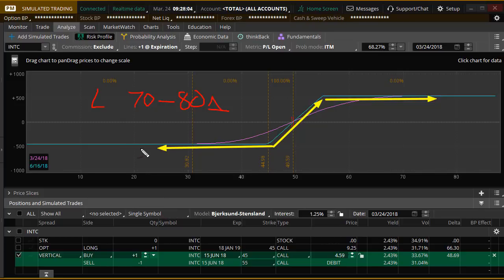And the reason we want to do that is that fits our rules and our goals. We know that an option here that's somewhere between 70 and 80 deltas has a high probability of staying in the money. Okay? So we pick the right option on that side.